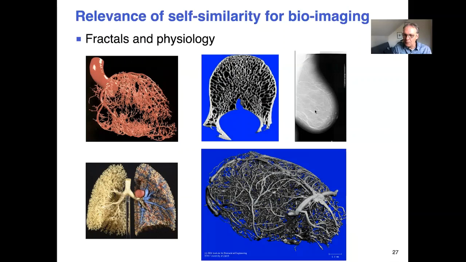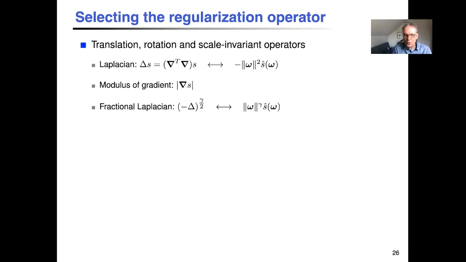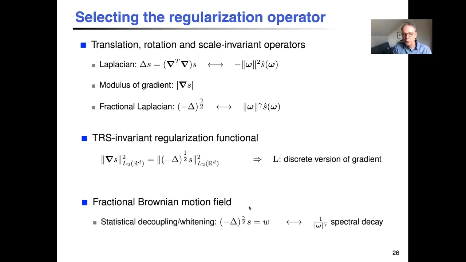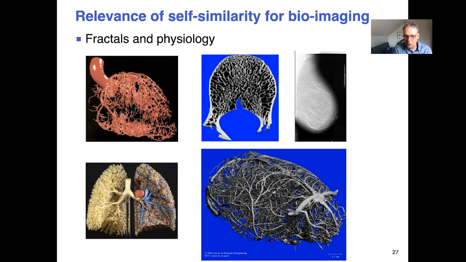So, for example, that's a mammogram. So physiology has many kind of self-similar structures. As for example, this is a brain, so the arteries in the brain. And so that can also be a good justification for this kind of regularization, which is actually used in practice.